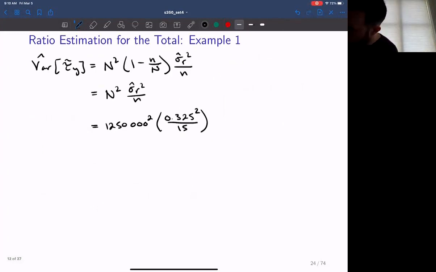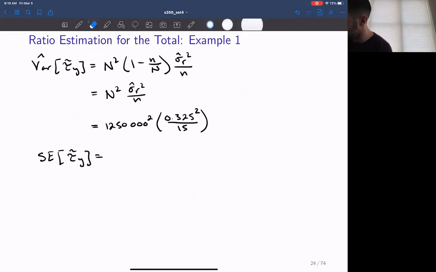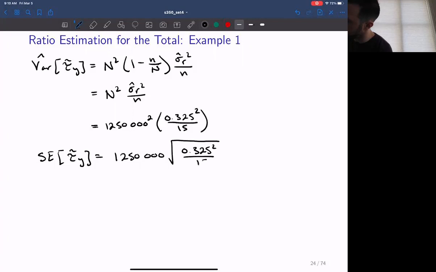All right. So then we can say the standard error of tau tilde y is equal to 1,250,000 multiplied by the square root of this, which is equal to 183,995.